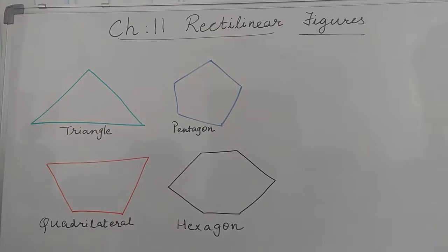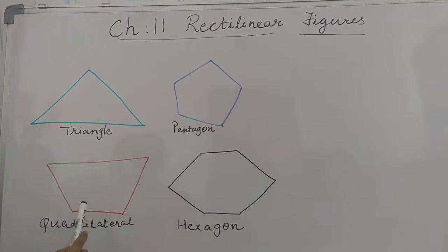The examples are triangle, quadrilateral, pentagon and hexagon. So these are called rectilinear figures. Rectilinear means straight line figures.